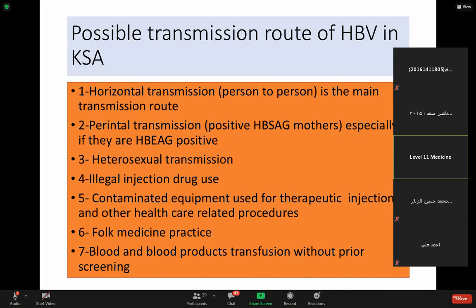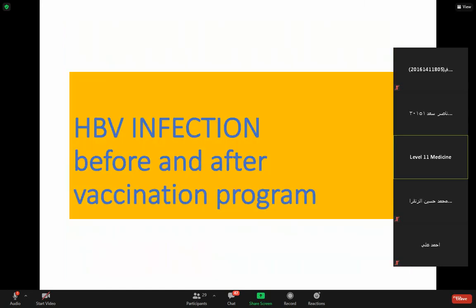Well, we have the horizontal transmission, which is from person to person, and we have the perinatal transmission, which is basically from mother to her baby, as well as heterosexual transmission, illegal drug use, contaminated equipment and therapeutic injection, and this can happen in a health care setting, folk medicine, cupping and things like that, blood and blood product transfusion without prior screening. And hopefully we minimize the risk by proper screening, okay?